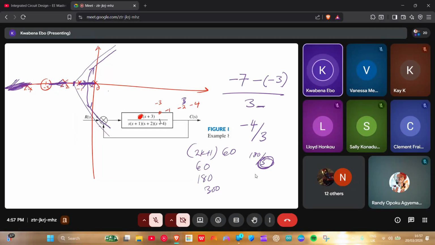Now the next thing, let's find the breakaway and break-in points. If it's too long, we'll just assume any number for it. So we have negative of s times the bracket, s squared plus 3s plus 2, and then s squared plus 4s.